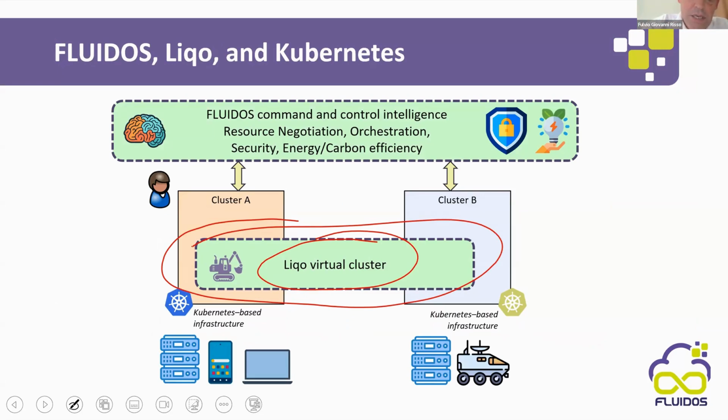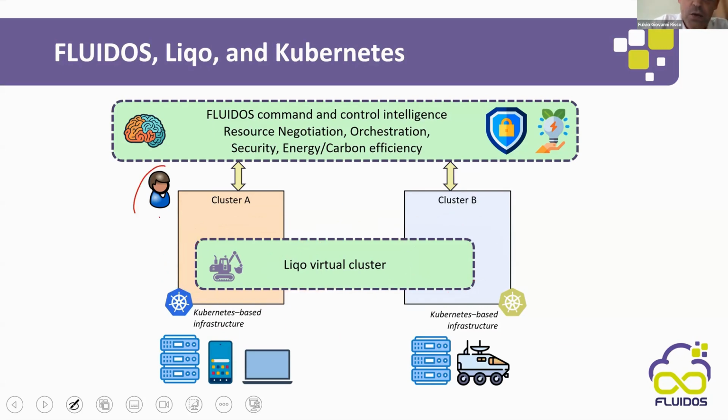So basically, if I have my user that deploys an app here, this app can go here, but also there in a completely transparent way. This is the power of Liqo. But then, where is FLUIDOS? You know, Liqo and Kubernetes are just mechanisms that create the continuum.